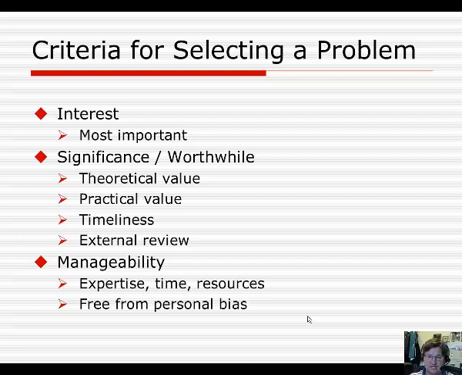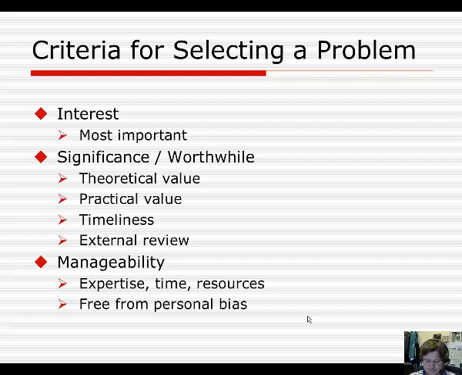And interestingly, I was doing that as the Beltway sniper was active in the DC area, if you remember that. And I didn't mind doing it because I was very passionate. I was interested in that research problem. So number one, the most important variable or criteria for selecting a research problem is it has to have personal interest to you.